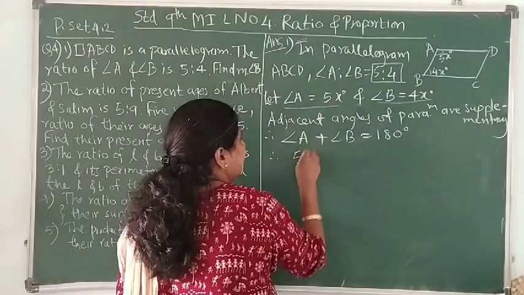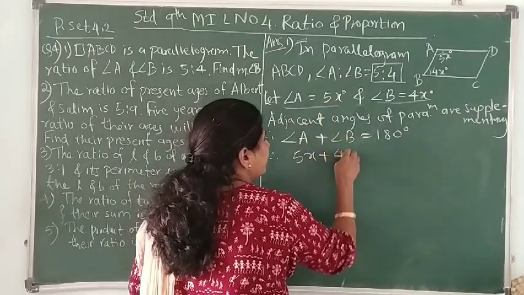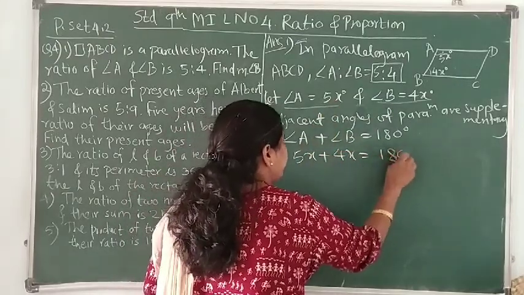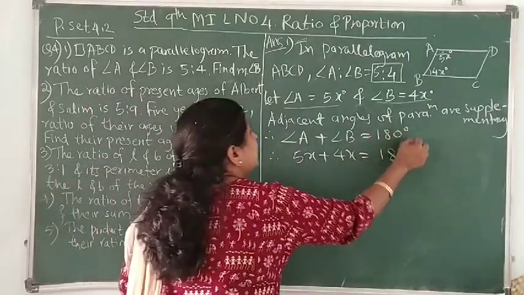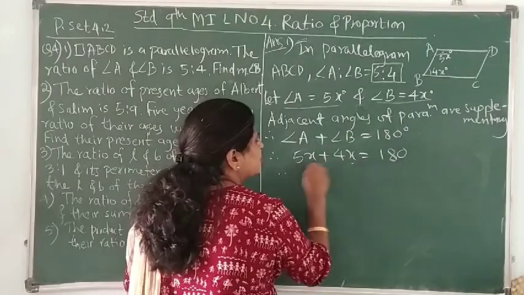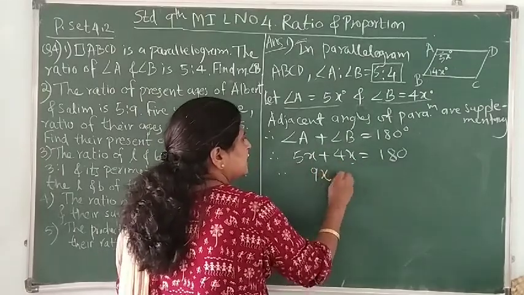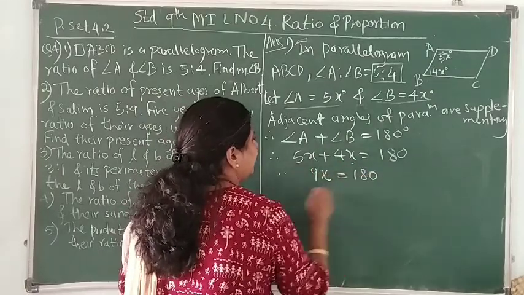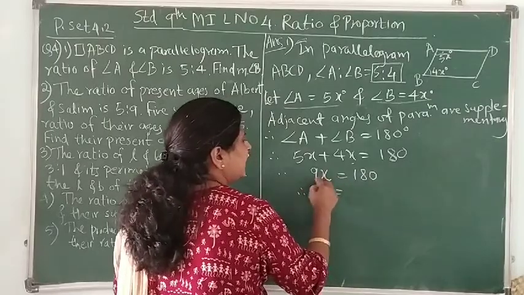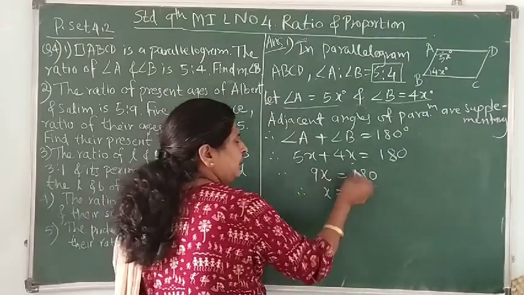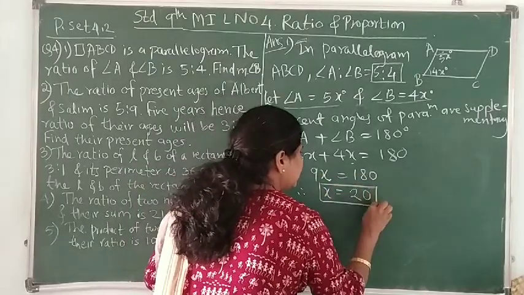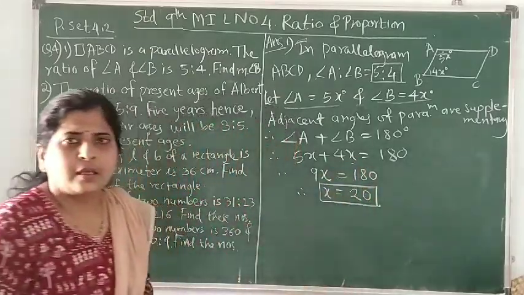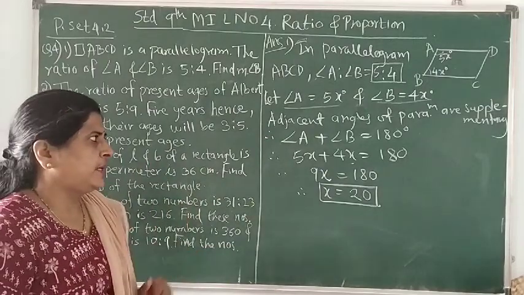We have taken it as 5x plus 4x is equal to 180. In an equation, we do not write the unit, so we are skipping the degree part over here. Now, do the addition of these like terms. We will get 9x is equal to 180 and that's why the value of x is 180 divided by 9. Dividing directly, 9 2s are 18 and 0. So we have got the value of the common multiplier, the non-zero constant, that's 20.